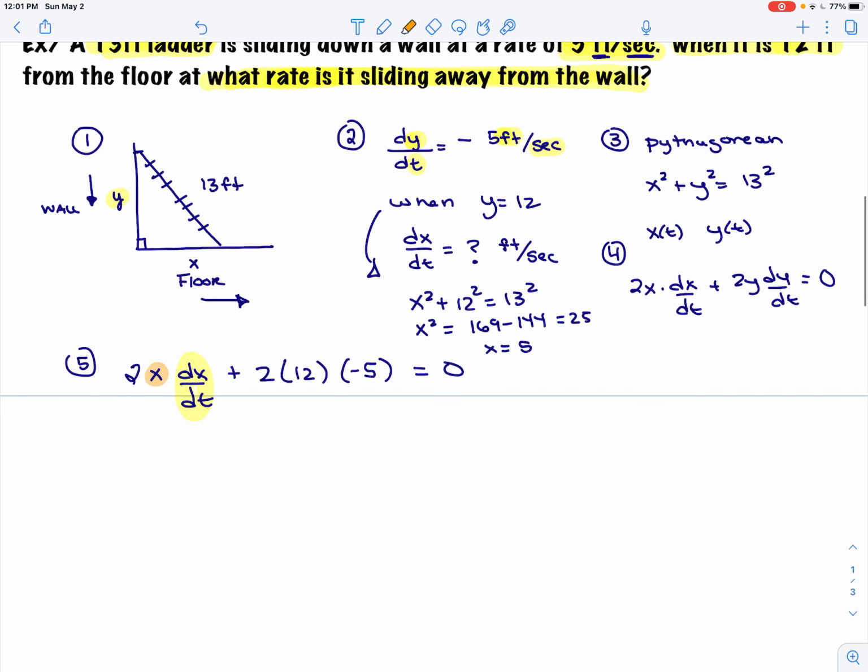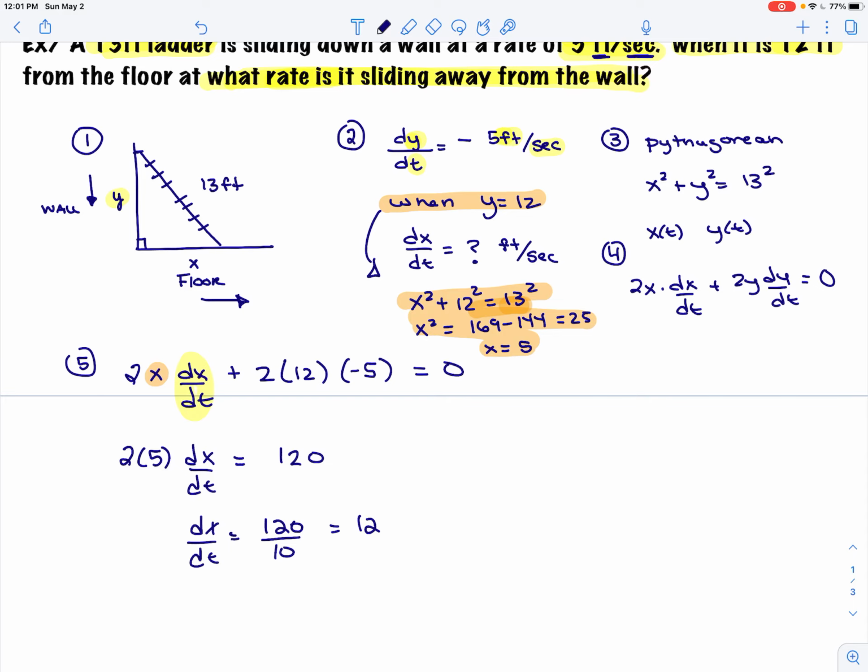So at that instant, I can actually find all the missing variables. Okay? And then now I have 2 times 5 dx/dt. And I'm just going to bring this to the other side. So what is that? 120. And then dx/dt is equal to 120 divided by 10, or 12.